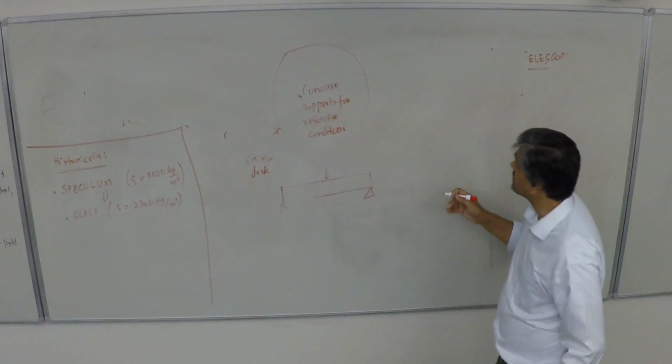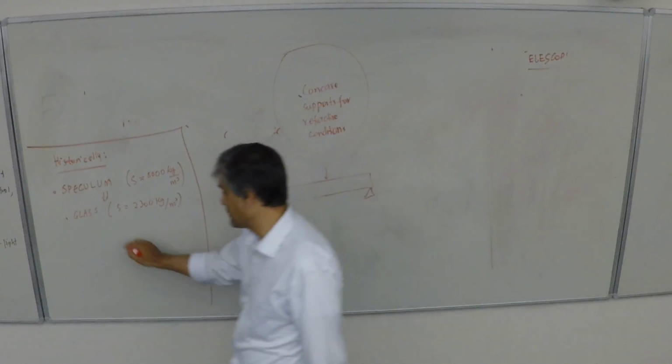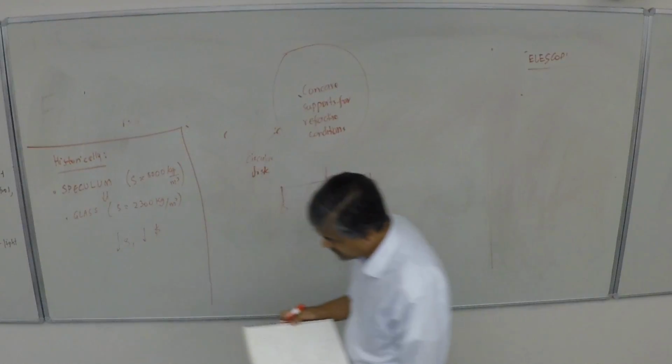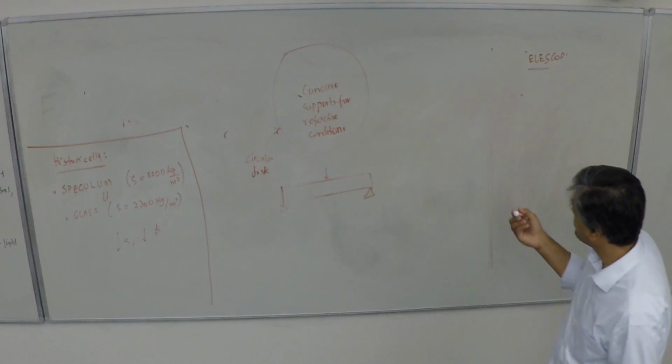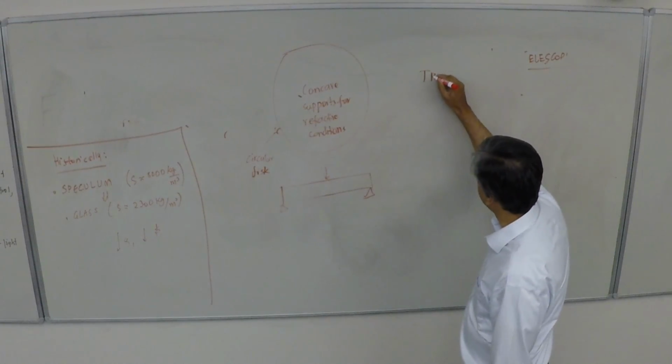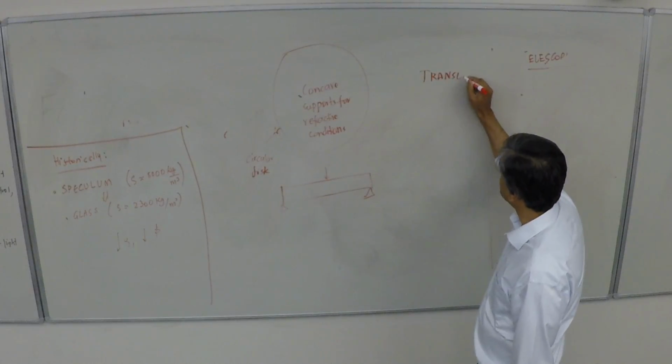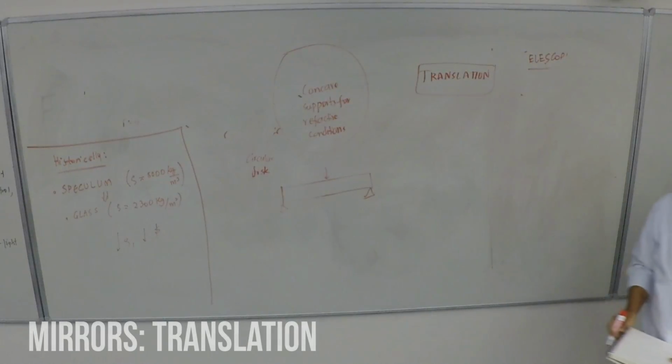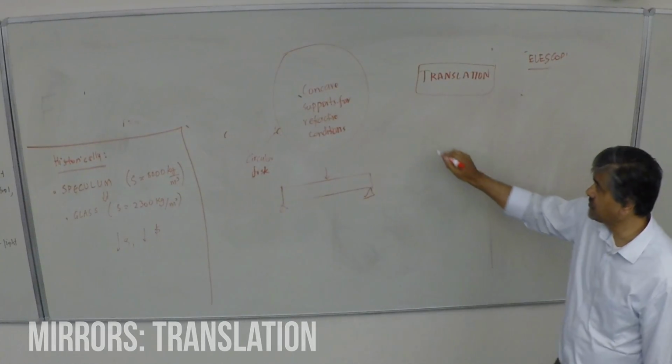So obviously they want it to be lighter, they want it to be cheaper. Those would be your conditions. So let's write down, like we did for the other cases, what would be a translation here. So translation, the function has to be what?